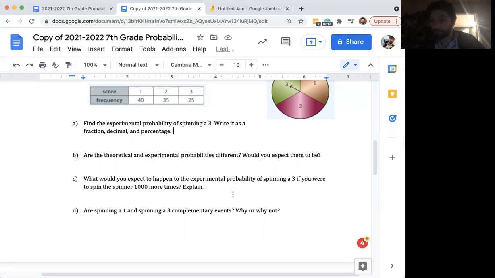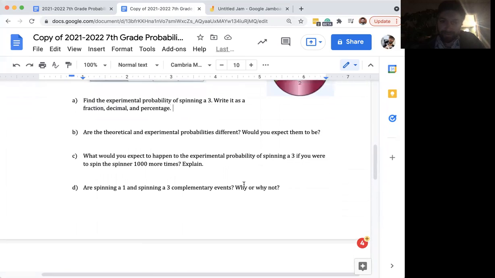It's just how it works. If I flip a coin 4 times, I could get 4 heads. But if I flip a coin 1,000,000 times, I'm absolutely not going to get 1,000,000 heads. So the more times you flip a coin or spin a spinner or roll a dice, the closer the experimental probability gets to the theoretical probability.